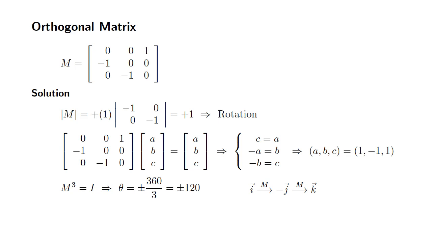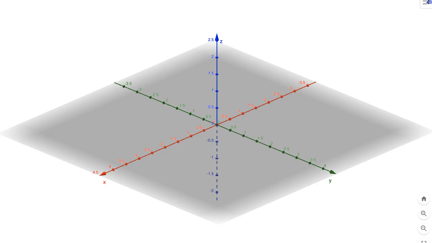All right, let's try to visualize this using GeoGebra here. Here is the direction vector of the axis of rotation, which is 1, negative 1, 1, and points that way. We start with vector i, which points this way. It goes to negative j, which goes this way. And then another application of M gives you the k vector.